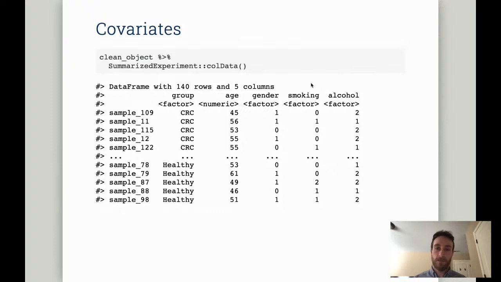But often we have different covariates in our omics studies, and often we forget to include these covariates in our analysis, or we don't want to include them, or we don't know how to do that, etc. These covariates can be really, really important in our analysis, I would say, especially in metabolomics. So it can be useful to include some of these covariates in the analysis.